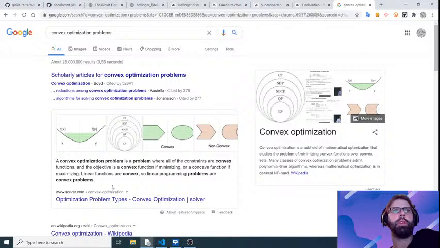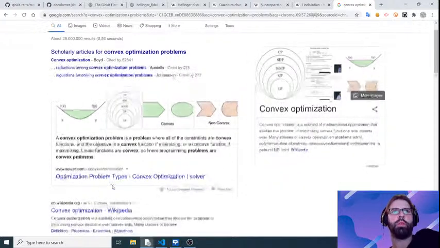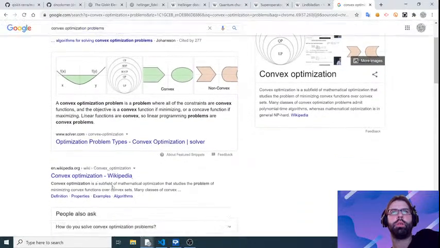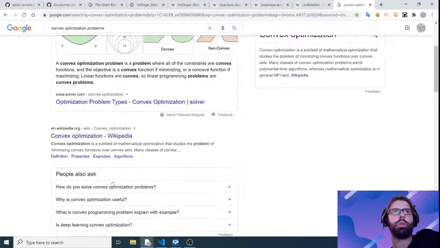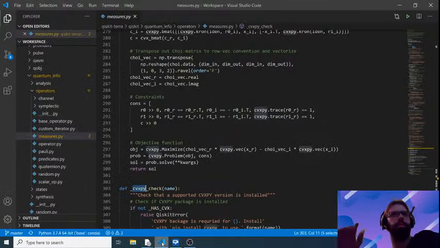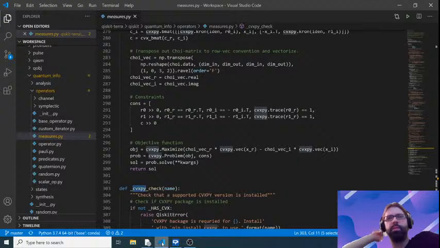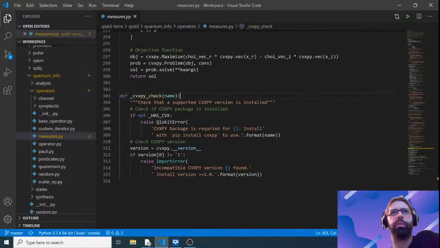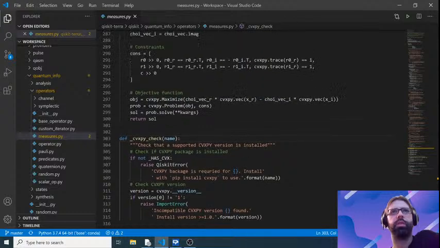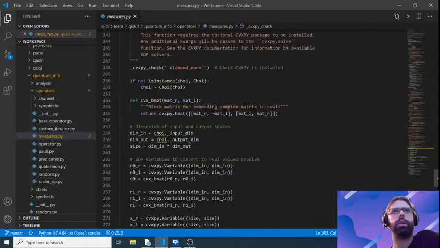Linear functions are convex, so linear programming problems are convex problems. Okay. So it's using these for some of the optimization stuff, I guess.